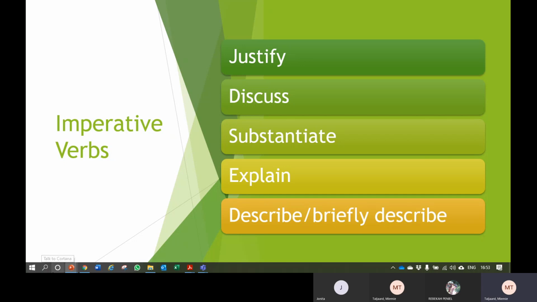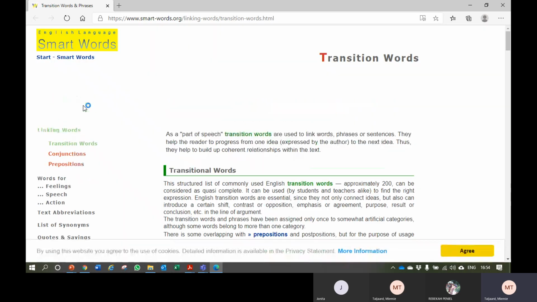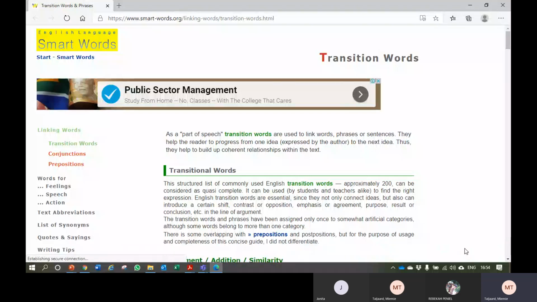So how do I join my sentences so that they make sense? And here I want you to look and think in terms of transition words. Transition words are those words that join or link sentences and words.